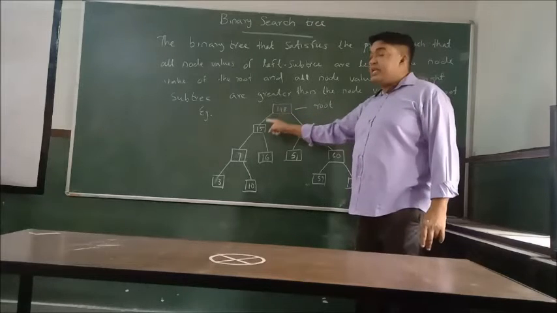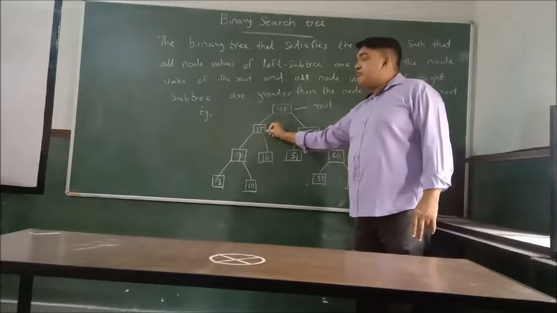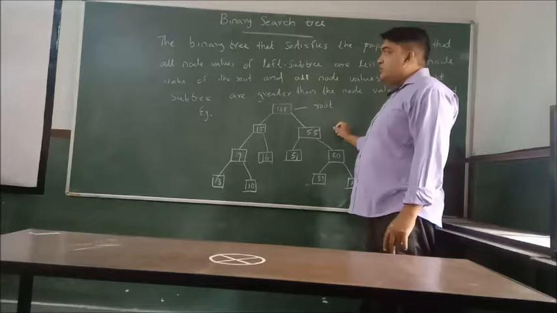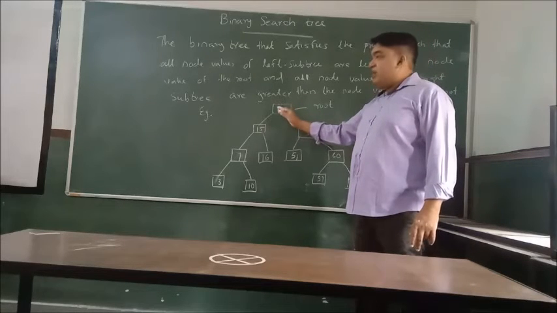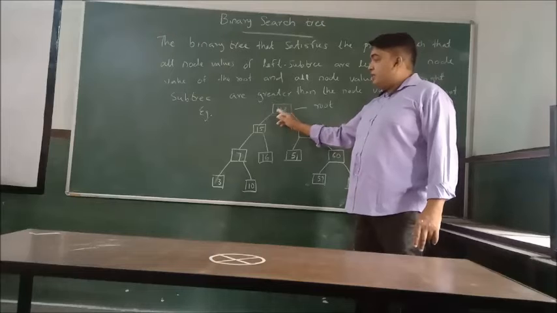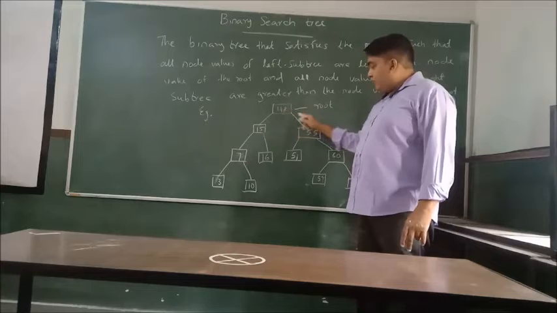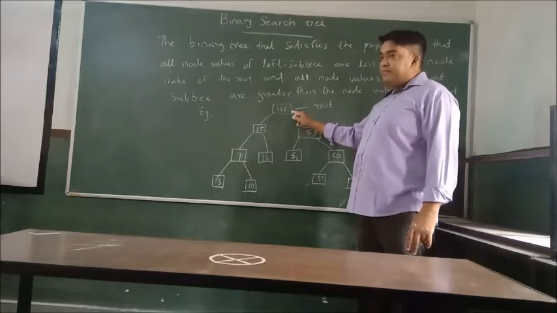So what is on the left? You can see that the left subtree starts from 50 and the right subtree starts from 55. Please note that all the values on the left of the root, that is 15, are less than 48, and on the right side they are greater than 48.